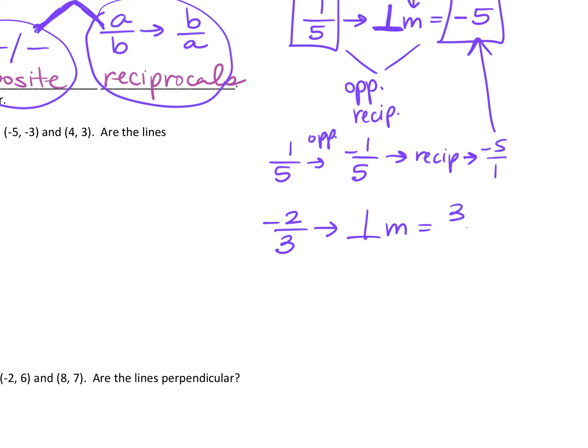A +3/2, right? Those are opposite reciprocals. What if I had -6? So this is currently like a -6/1. The opposite is +6/1, and the reciprocal is 1/6, right? Flip it over. So if it's a whole number or an integer, you put it over 1 and then you can flip it over. Okay?